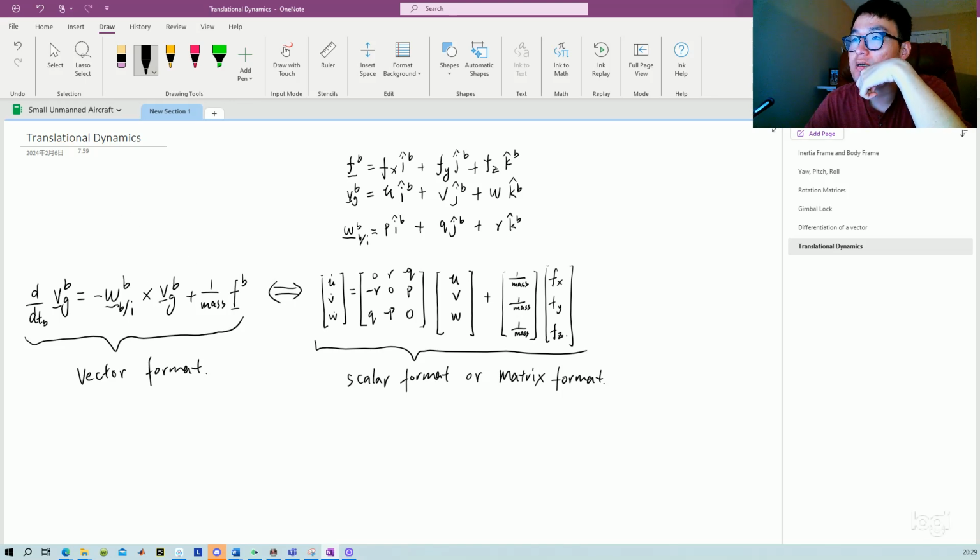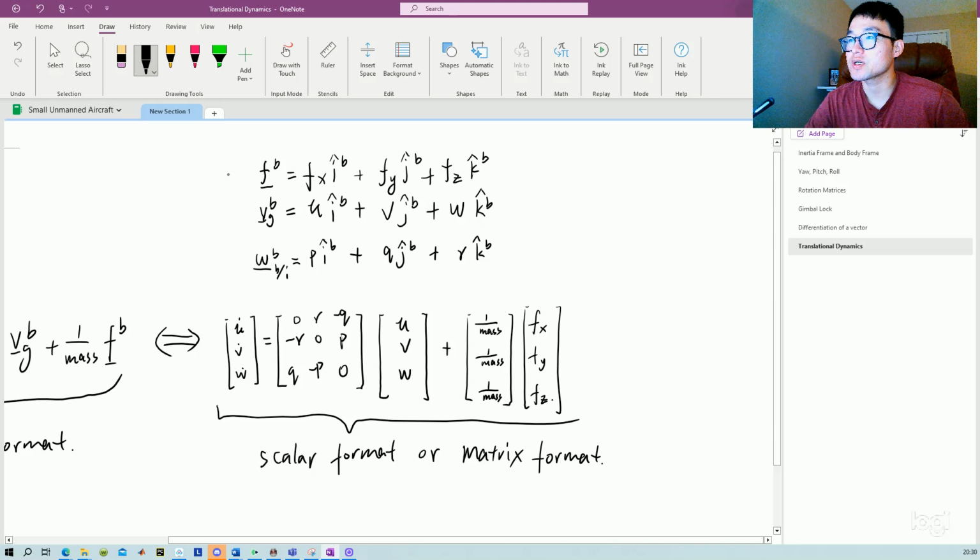This is the translational dynamics of the aircraft, where this is the external force applied on the vehicle in the body frame, on the x-axis, y-axis, and z-axis.